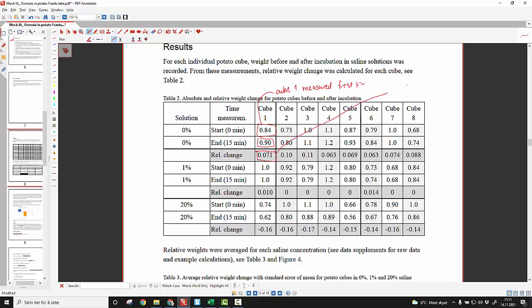For example, absolute change would be, if this is M1 and this is M2, M2 minus M1, simple. But since the cubes varied in size, the data would vary less if we used relative change instead. And relative change has this formula: M2 minus M1, and then you divide by M1 again.